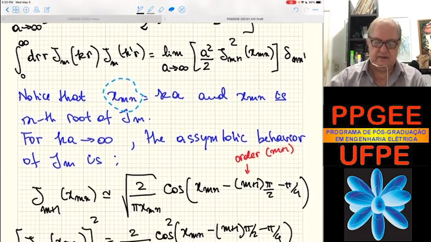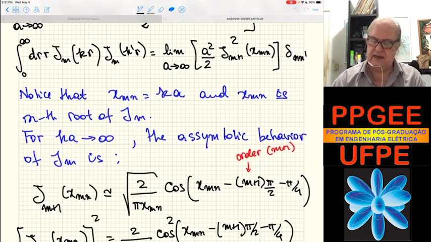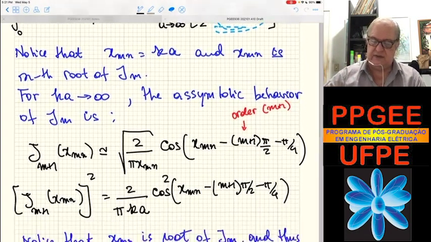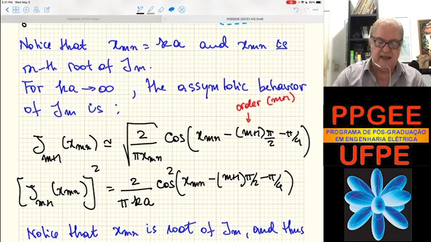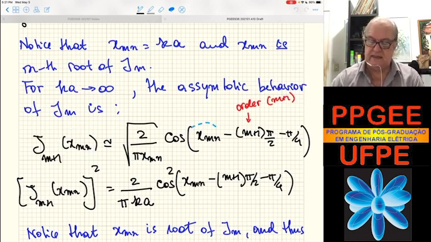So for large ka, what happens? You can use the asymptotic behavior of this function here, which resembles a cosine function, as we just showed on the tables. So I have to calculate jm plus 1 at the nth root xmn. We can just plug that inside of the cosine function and inside of the roots, right? And recall that here we can use ka.